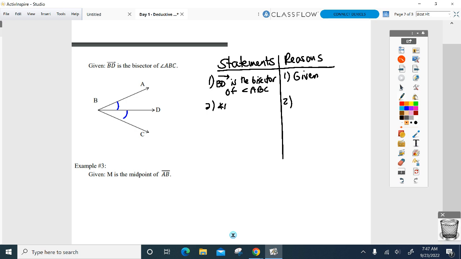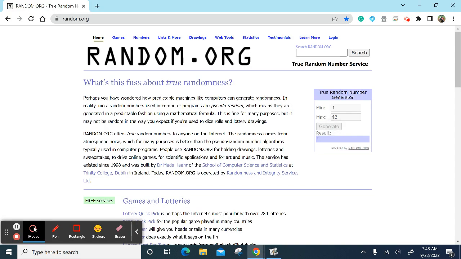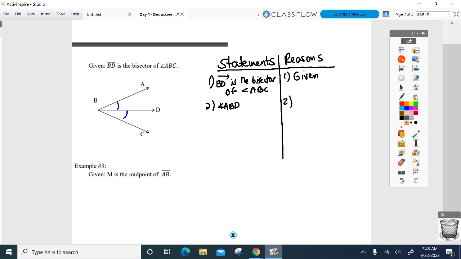Angle ABD. What symbol am I going to put between here? What do those arc marks represent? What symbol am I going to put in between those two angles now? An equal sign with a little squiggle on the top. Yep, congruent. Angle DBC. Good work. All right, why? Why put those markings?